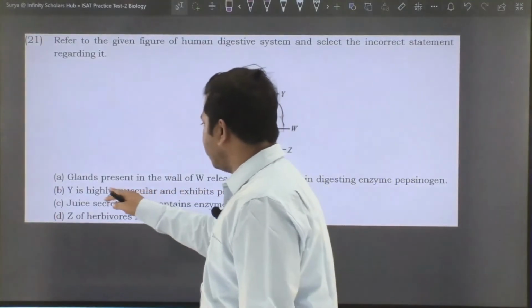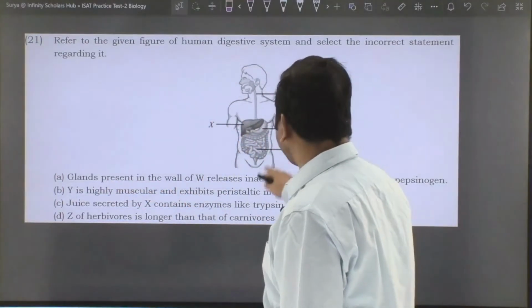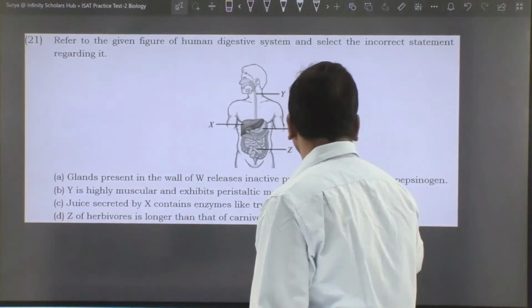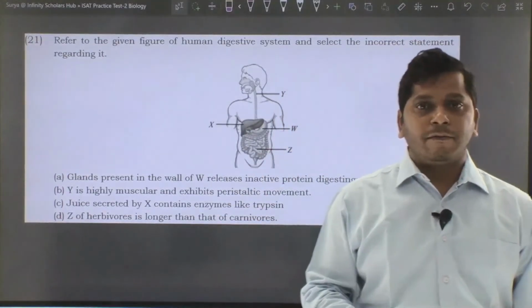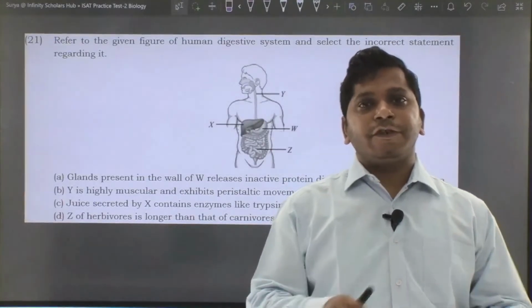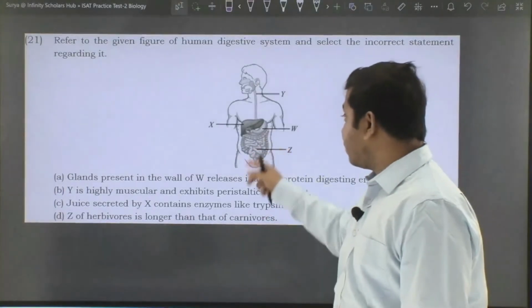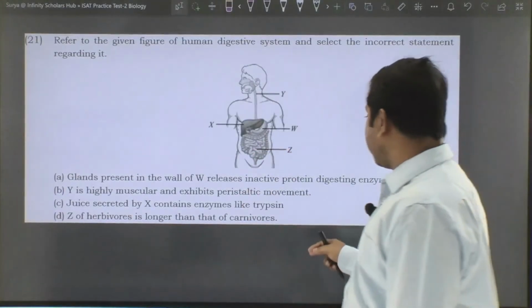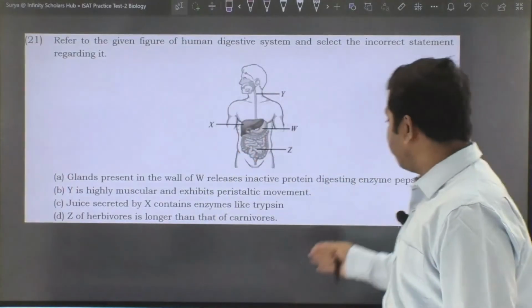Those are given here. Glands present in the wall of W, so W is the stomach, release the inactive protein digesting enzyme pepsinogen. Yes, pepsinogen is secreted by the walls of the stomach, and it is converted into pepsin by the acids which are also secreted by the stomach.